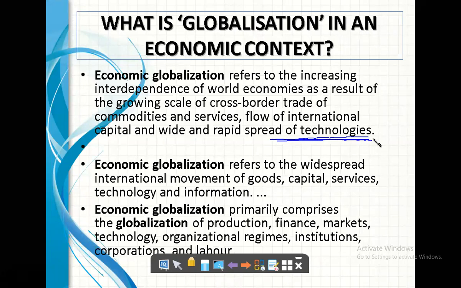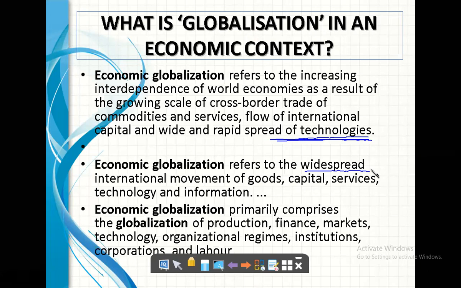Another definition of globalization in economic context: economic globalization refers to the widespread international movement of goods, capital, services, technology, and information. Once again, ICT.